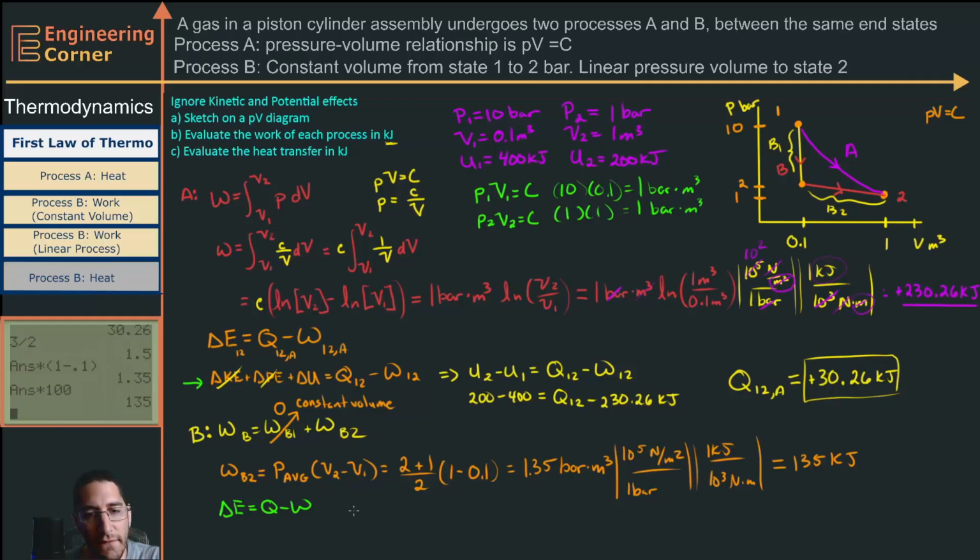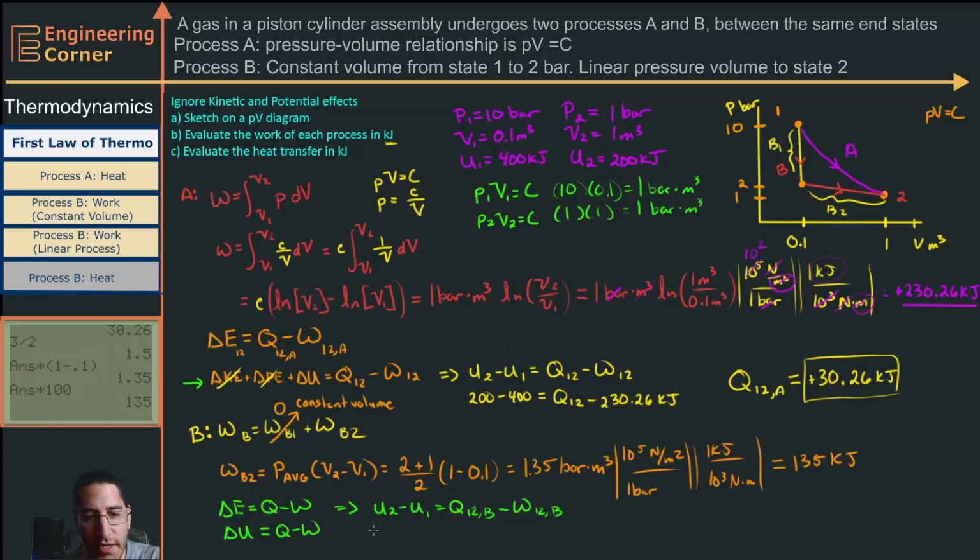So this becomes our change in internal energy is equal to Q minus W. So we'll have U2 minus U1 is equal to Q1 to 2, and this really is B, right, for process B, minus W1 to 2, process B.